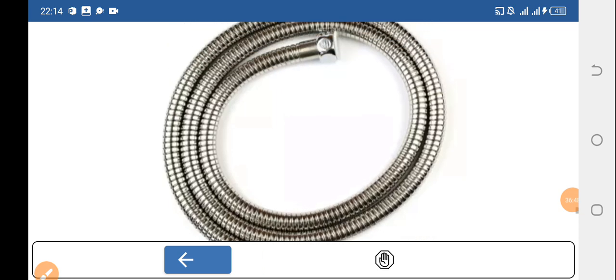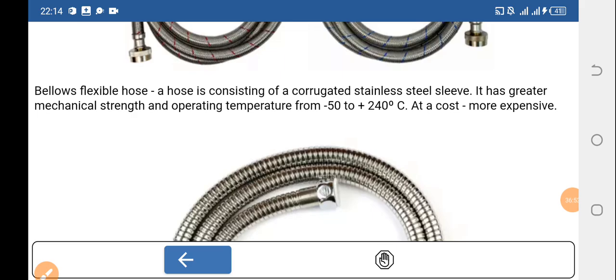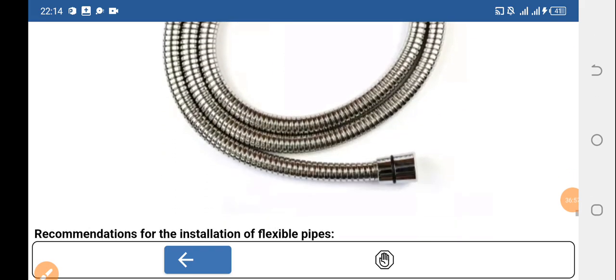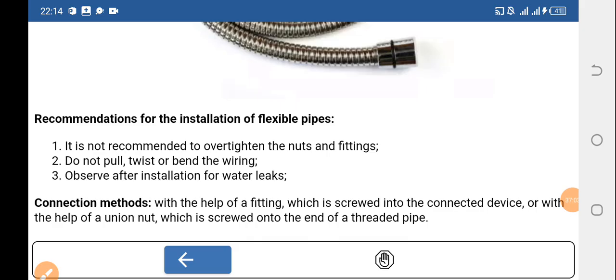We normally use this flexible pipe especially on showers, when connecting the shower head or the shut off and so on. So this one is also good.